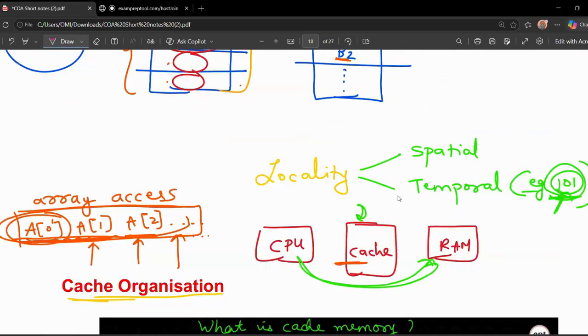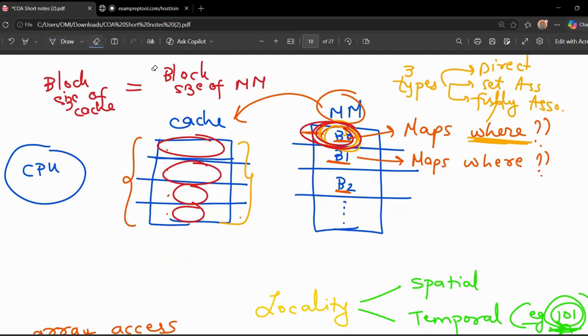For example, if you have this block, say this is block B0 and this is block B1.